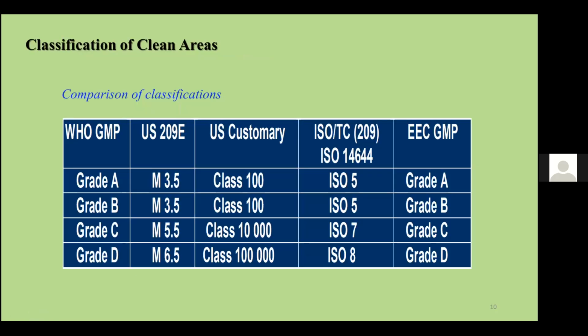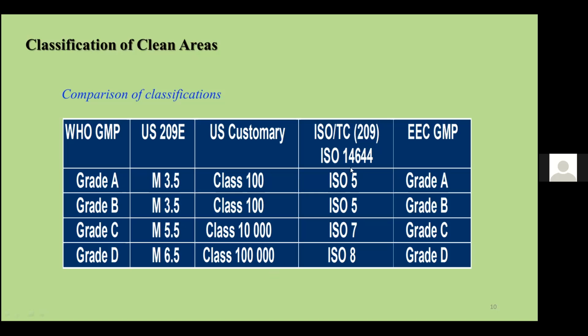So these are, as I already told you, some international standards. Some countries, like WHO, measure the standard as grade A, grade B, grade C. The US standard is class 100, class 10,000, class 1 lakh.